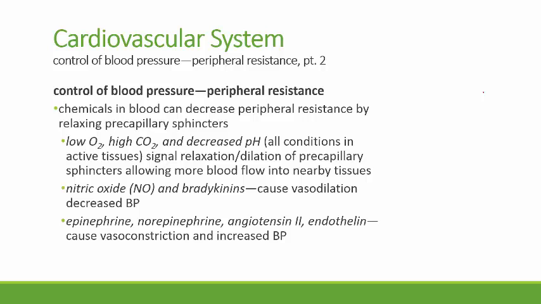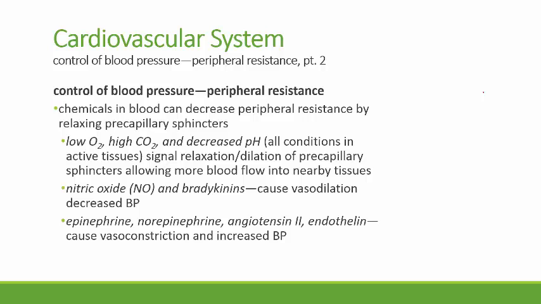Some of the chemicals that are used to signal for this are nitric oxide, NO gas, that's dissolved in the blood, and chemicals referred to as bradykinins. The work of both nitric oxide and these bradykinins is to cause vasodilation, which then results in a decreased blood pressure. On the other hand, epinephrine and norepinephrine are very similar chemicals.